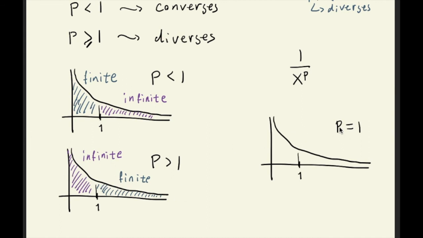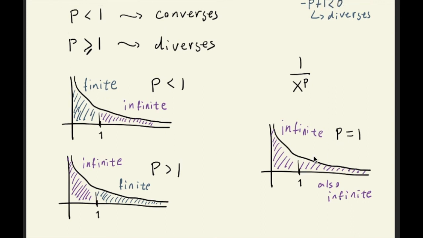And the p equals 1 case is interesting. It's infinite on both sides. This area is infinite. We just computed. And last time we saw that this area is also infinite. Right, so 1 over x is an interesting looking strange function.